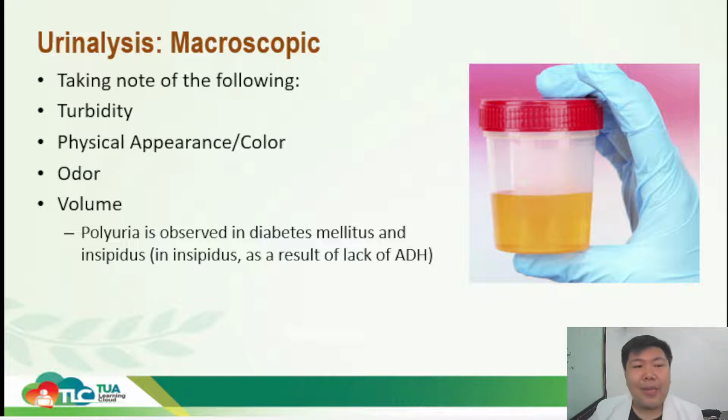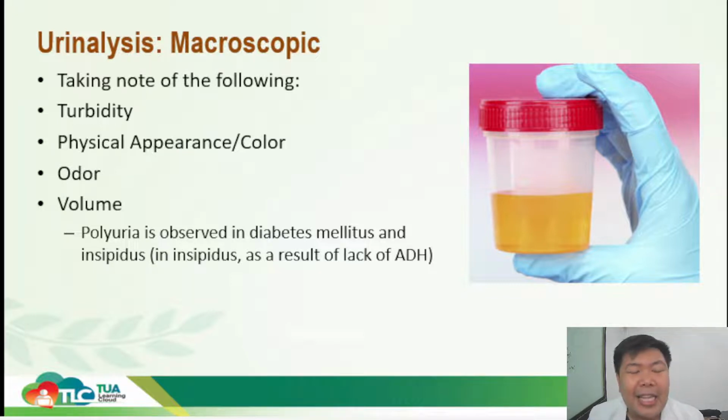We also try to check for odor. And we do not smell urine directly. We use a whiff test. So we try to manipulate the air so that we can smell the odor. And lastly, volume, as mentioned. Polyuria is what we call increased urine volume.